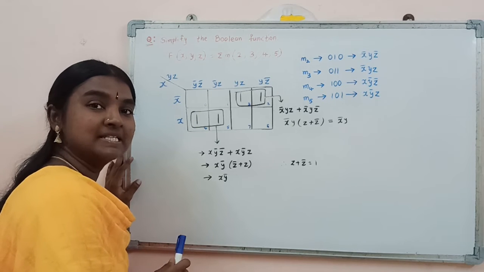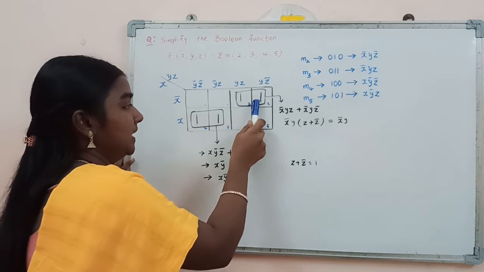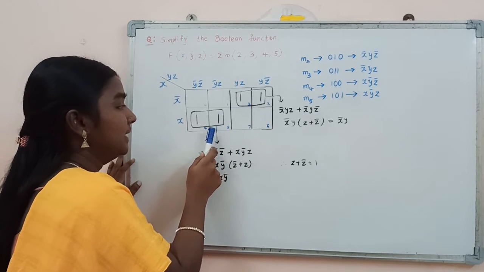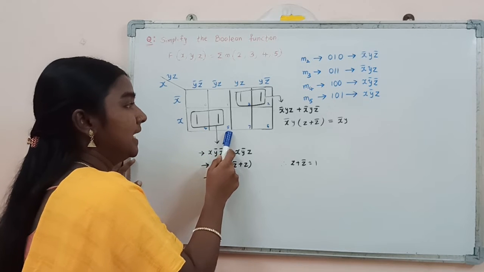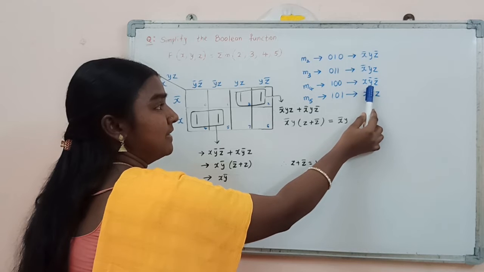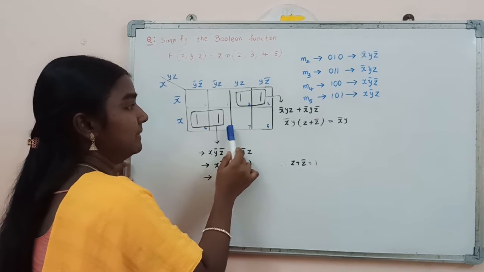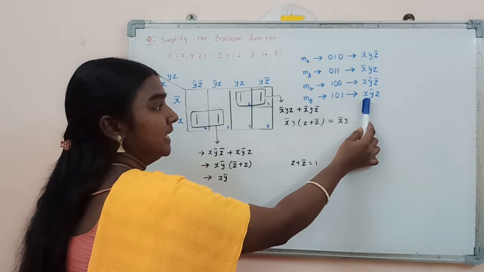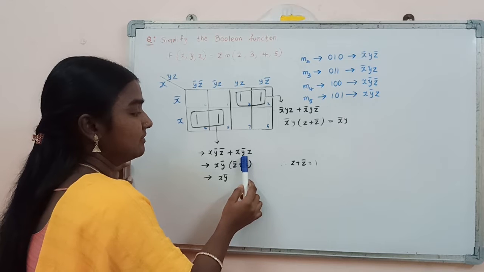Now we will write separately each product term for each group. For this group, we are combining the m4 minterm and m5 minterm. The m4 minterm expression will be x, y bar, z bar. Now we are writing that here. And the m5 minterm expression will be x, y bar, z.